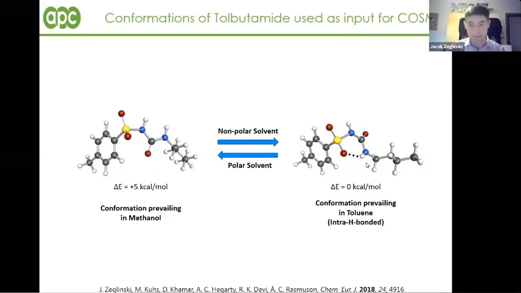Our understanding here is that in non-polar or low polarity solvents we should expect more of this intramolecular hydrogen bonded conformation, and in contrast, in polar solvents we should see more of the open conformation.